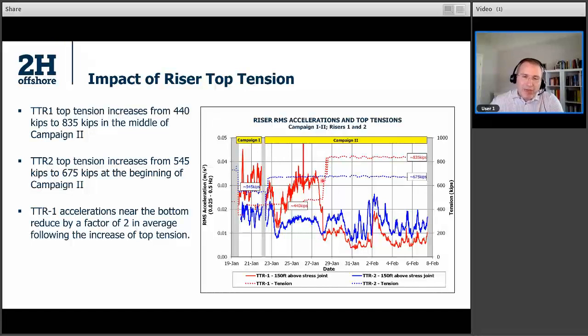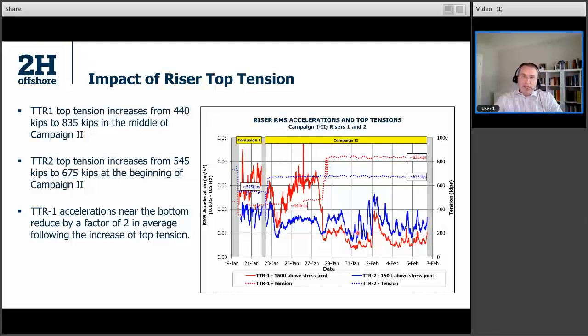One might say that, oh, maybe it's due to environment, right? Because we are seeing this variation in the accelerations. So how do you know it is due to top tension variation? But we are monitoring TTR2 simultaneously, and for the constant top tension, we don't see a drastic change in TTR2 motions.